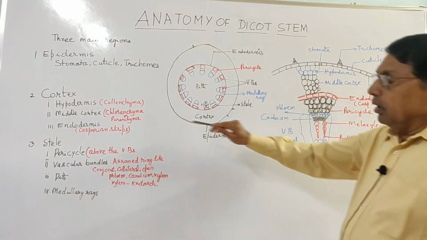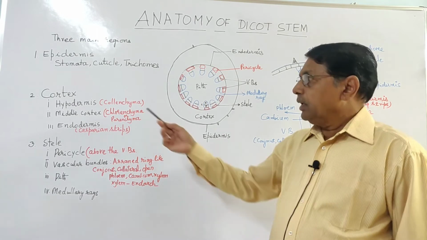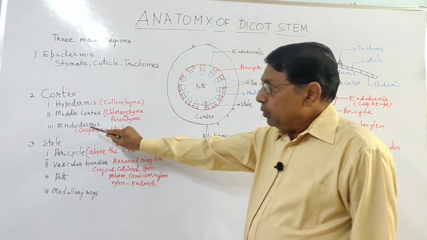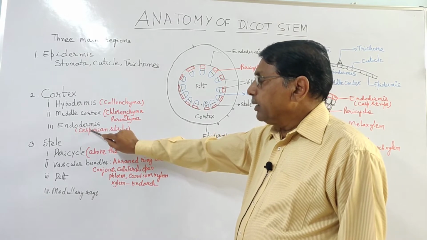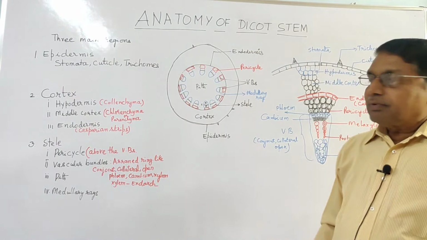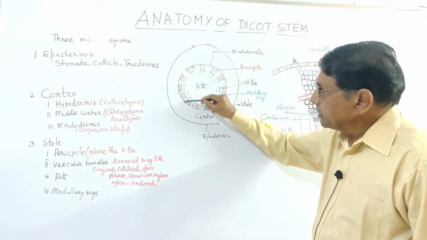Or sometimes if the stem is not green, then it is made up of parenchyma. The innermost layer of the cortex is endodermis. This is endodermis.